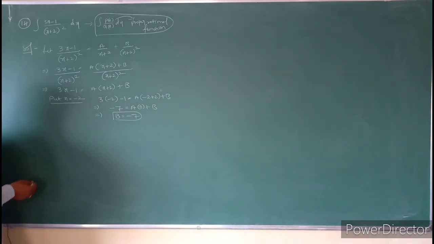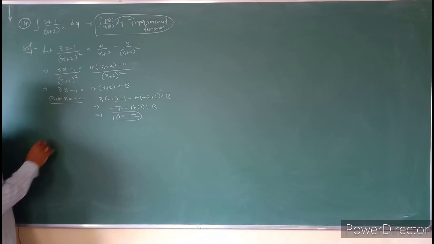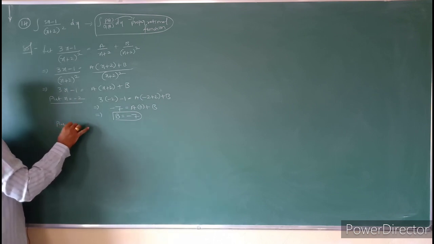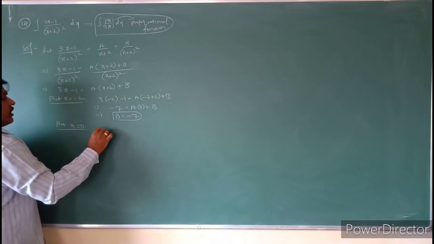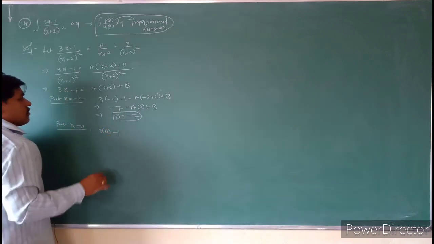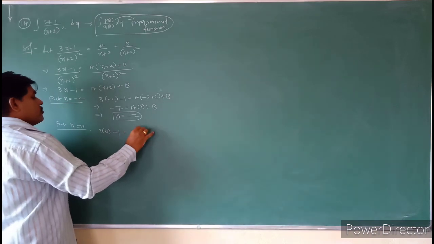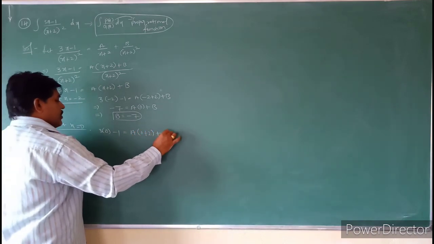After getting the b value, we take the a value. To get the a value, just put x is equal to 0. What happens? 3 into 0 minus 1 is equal to a into 0 plus 2 plus b.